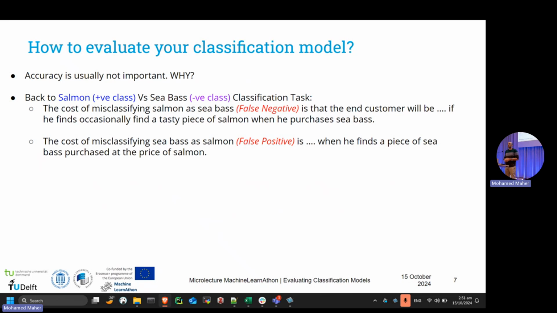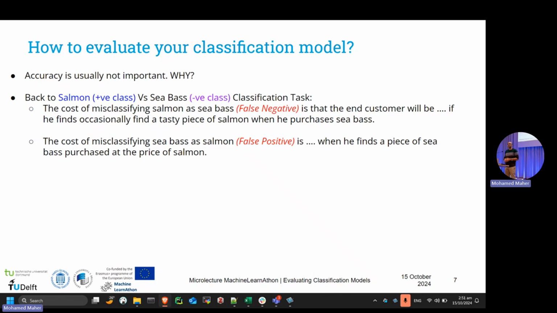So let's have an example. We have a task of classifying between salmon and sea bass, which are two different types of fish. Salmon is the positive class here, sea bass is the negative class. Salmon is a tasty fish that has a high price compared to sea bass.